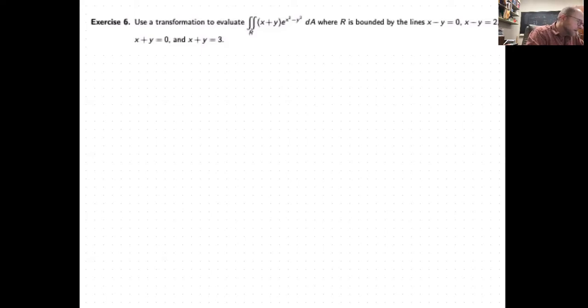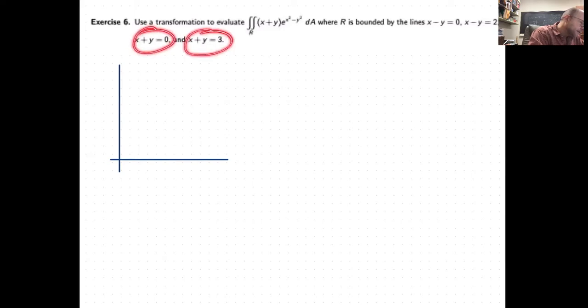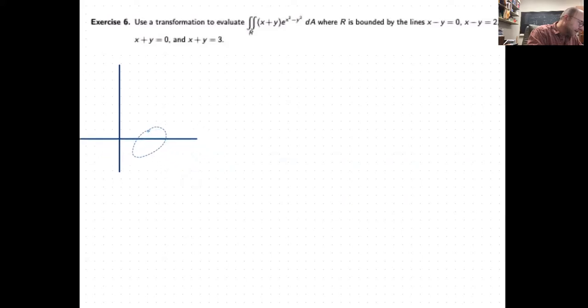All right, so we're going to draw our XY plane real quick here. And you know that lines like these are going to be lines with a slope of -1, because we've seen some examples like that already, which suggests to me that I might need to move these axes around a little bit.